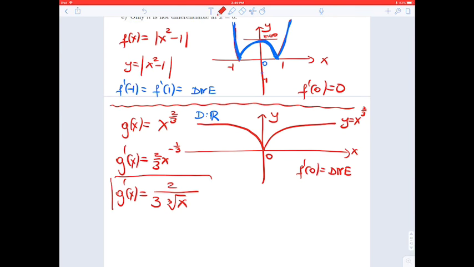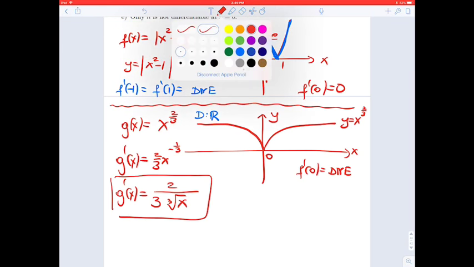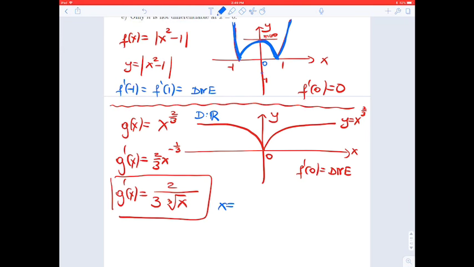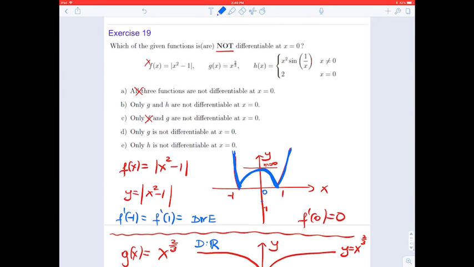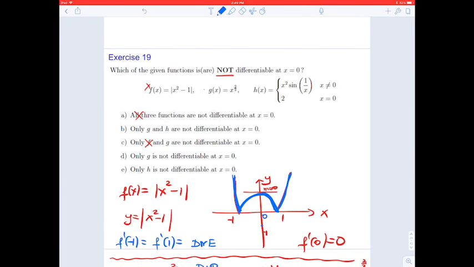My derivative has x in the denominator, which means it is not defined at 0. That means g is definitely my answer.